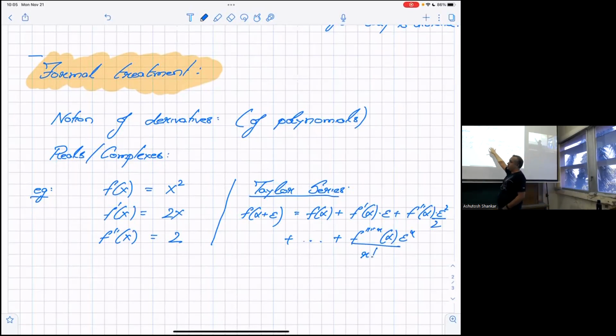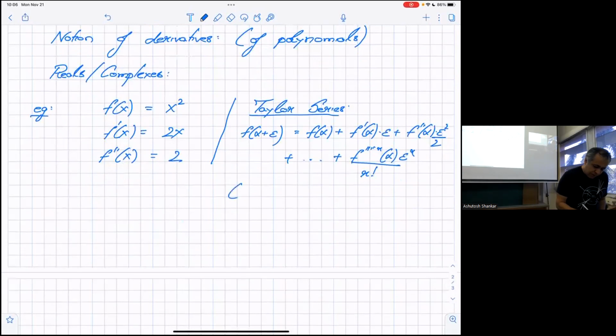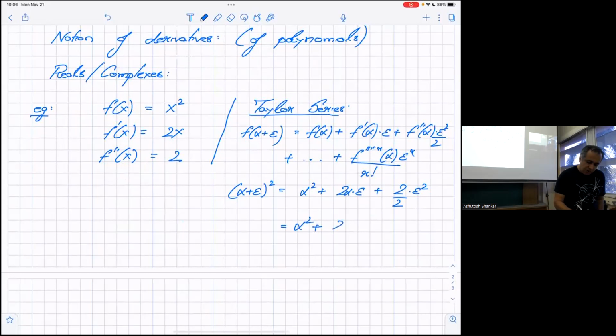This is an object which we will repeatedly use. Now, let's write it for f of x equals x squared. So f of alpha plus epsilon will be alpha squared plus 2 alpha times epsilon plus 2 times epsilon squared by 2, which is the same as alpha squared plus 2 alpha epsilon plus epsilon squared.